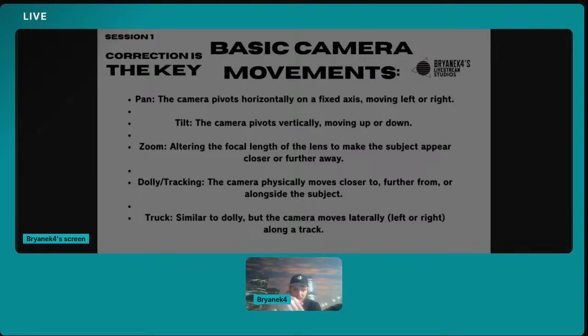It moves slightly, 20 degrees all over. And tilt. The camera pivots vertically, moving up and down. Like, this is in the middle. Let's do the pan on 20, and tilt also on 20. And this is how it looks.